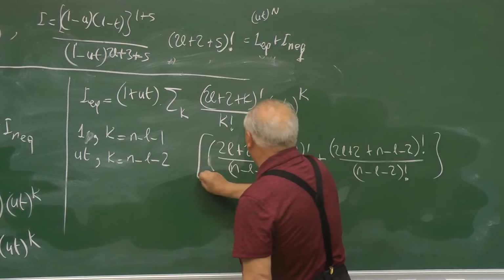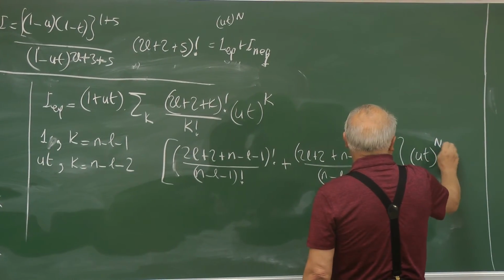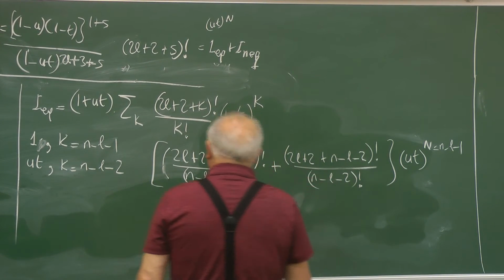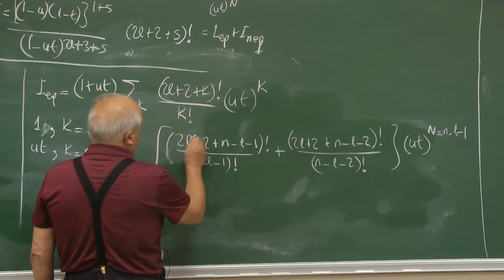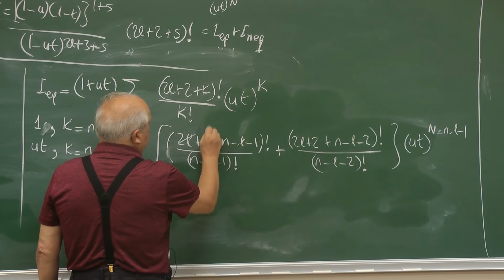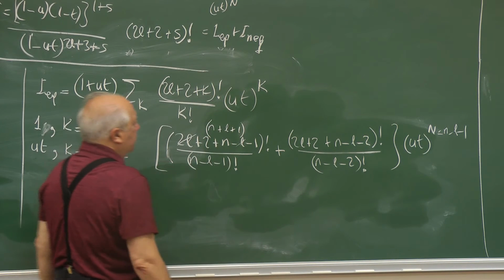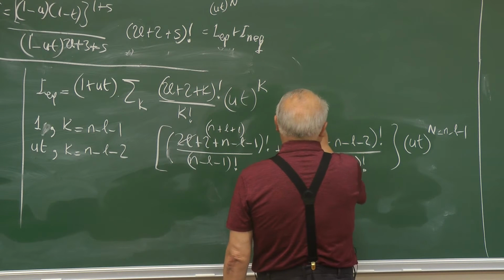Everybody is multiplied by (UT) to the n minus L minus 1. So let's see what these are. This is 2L, so this is n plus L plus 1. And this is n plus L.